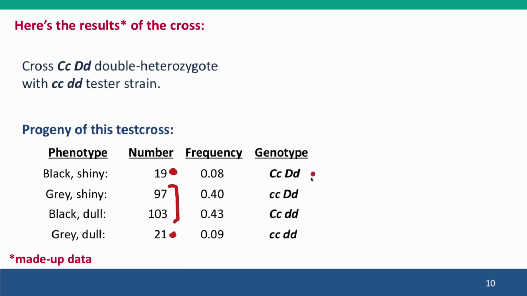Because this was a test cross, we can read off the genotype from the phenotype, and we can infer the gamete from the heterozygous parent from the genotype.